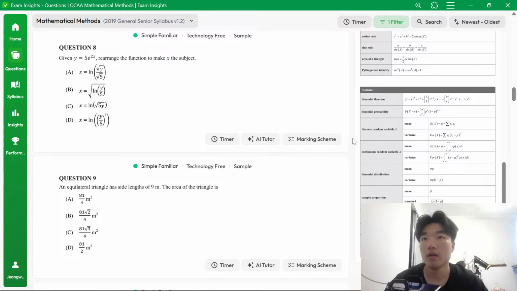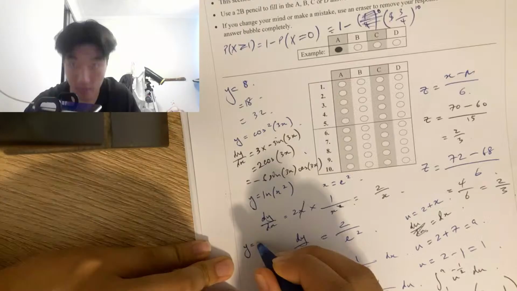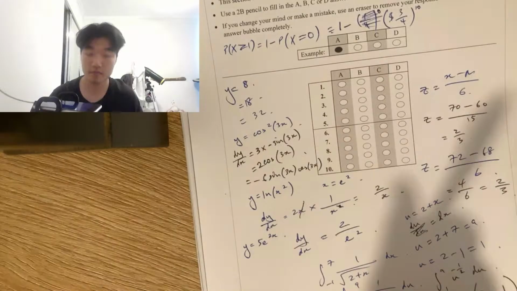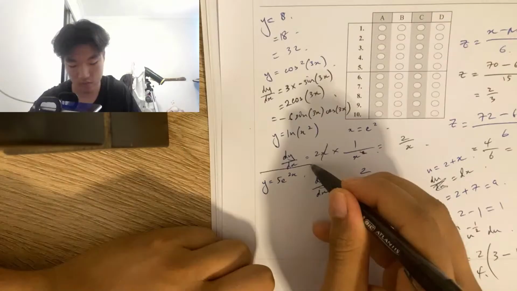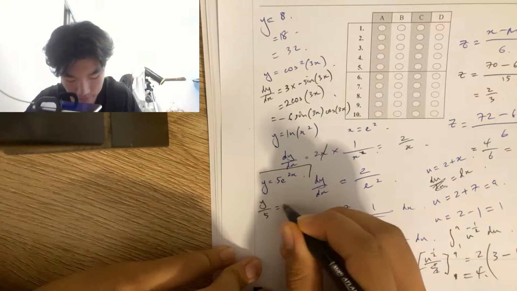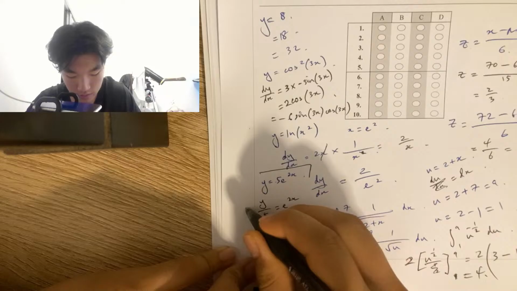Given y equals 5e to the power of 2x, rearrange the function to make x the subject. Right. 5e to this, well, okay. This part. We're going to divide by 5. We're going to apply the natural log.